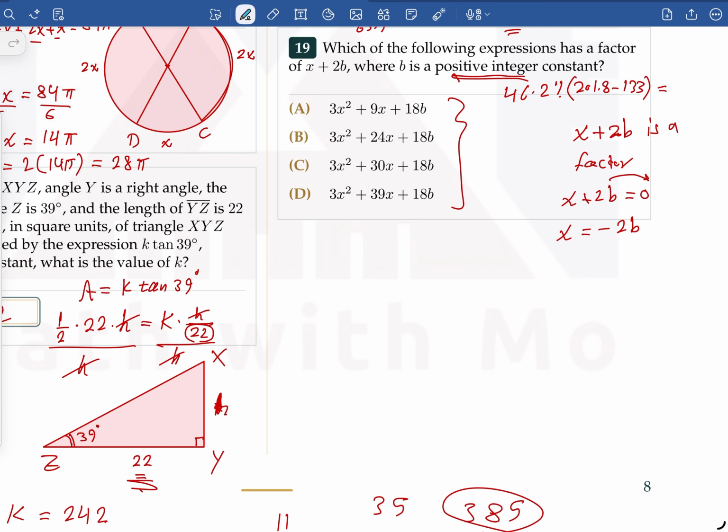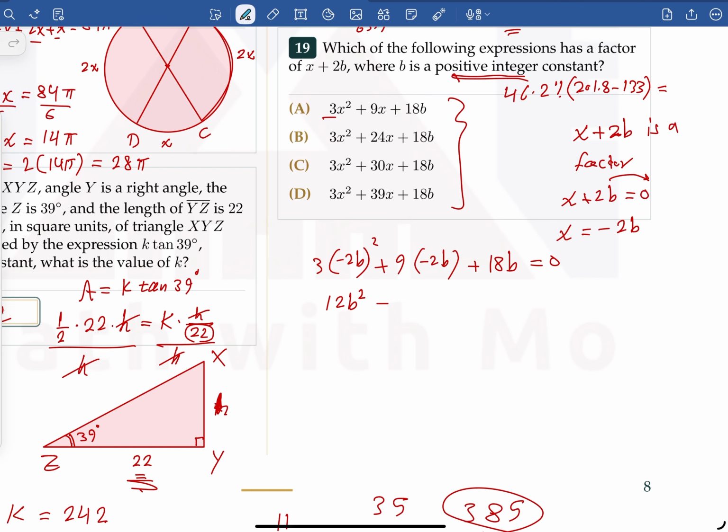And b becomes a positive integer. So let's apply this, for example, in letter A. 3x squared plus 9x plus 18b is equal to 0. You have to write 0 here because the factor means when you substitute, you have nothing left. So instead of x, write negative 2b, and then calculate. Negative 2b squared is 4b squared. 4b squared times 3 is 12b squared.